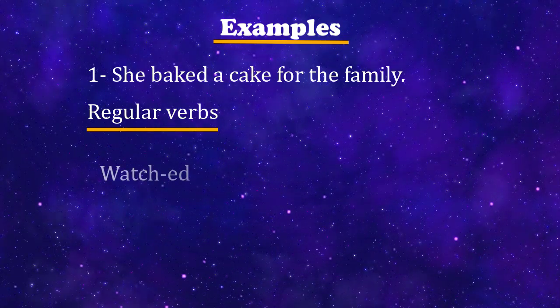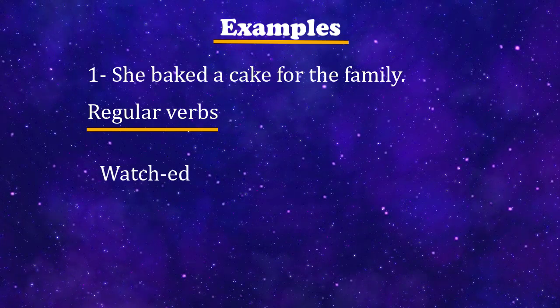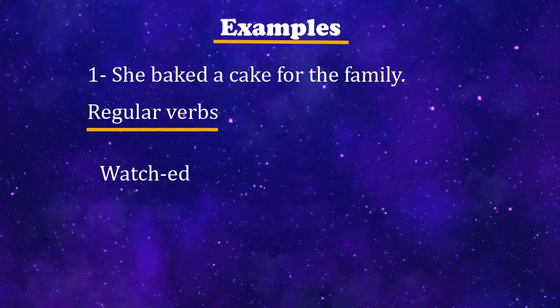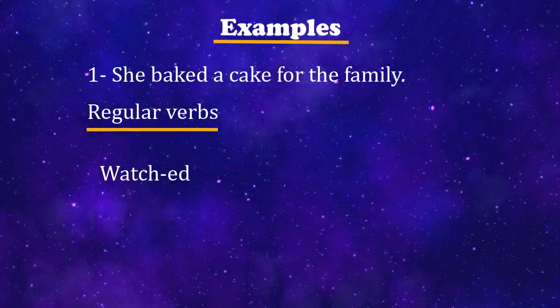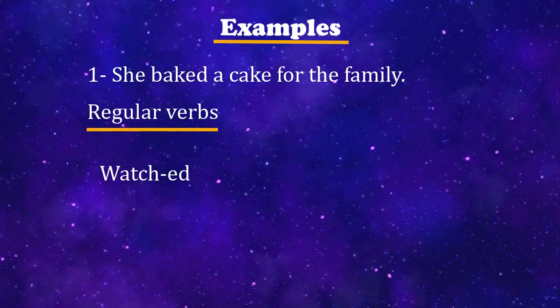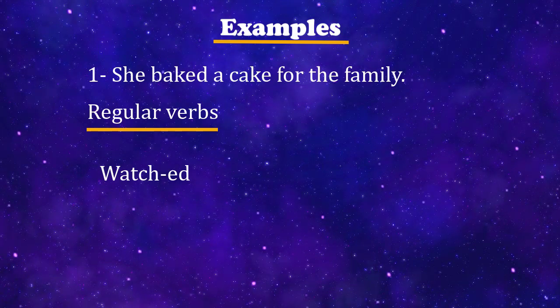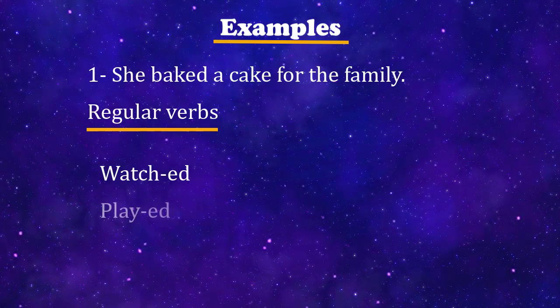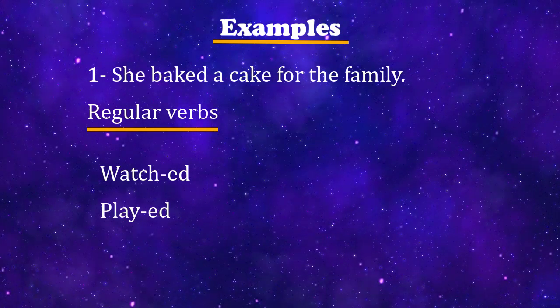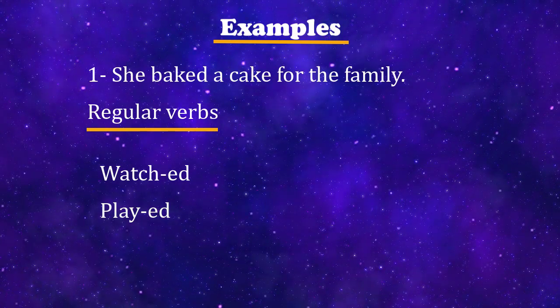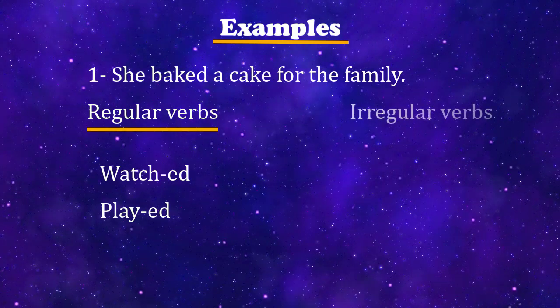Like if we have the verb watch, we just add ed at the end to make its past, watched. Another example of a regular verb is play. We just add ed at the end to make its past tense, and it becomes played.